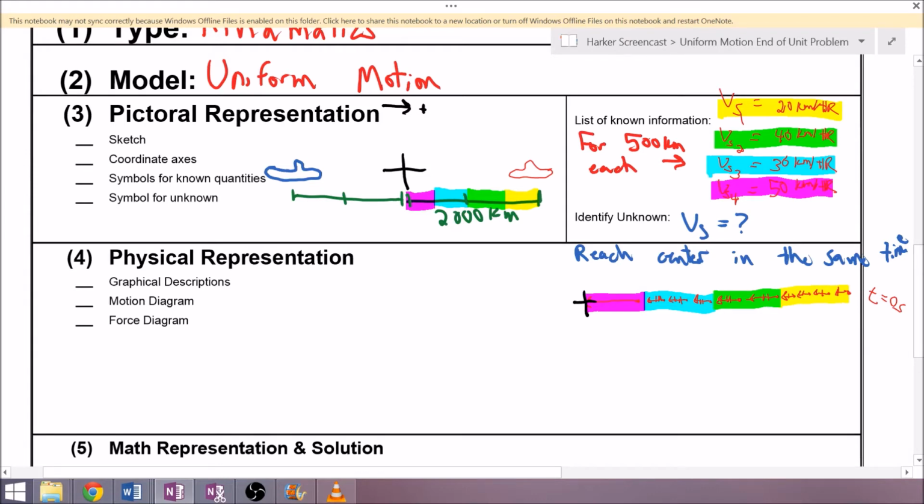First off, we know that it should start 2,000 meters in the opposite direction, so it should be approximately as far away, so it looks like about here. We also know that it takes the same amount of time to get to the center, so it should have the same number of dots. Looks like 1, 2, 3, 4, 5, 6.